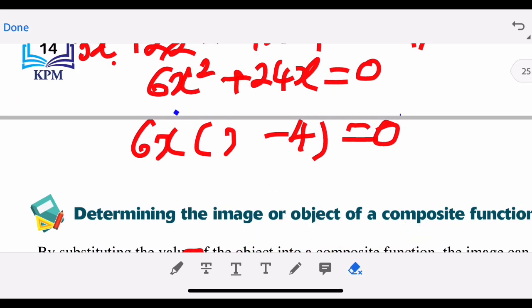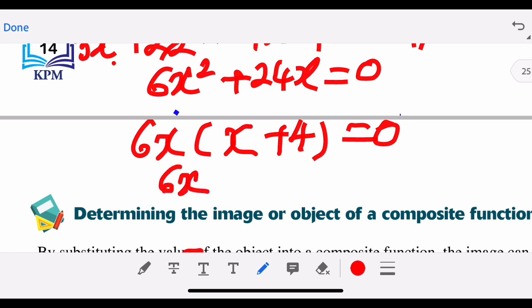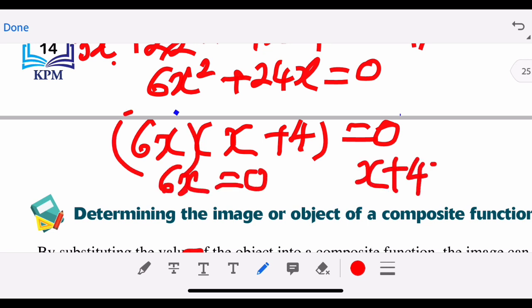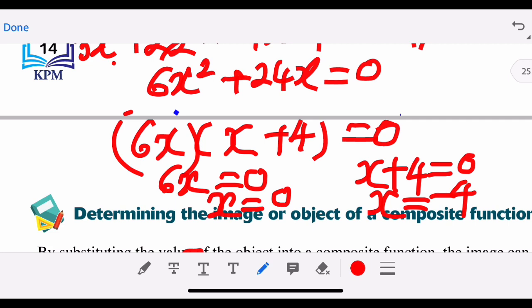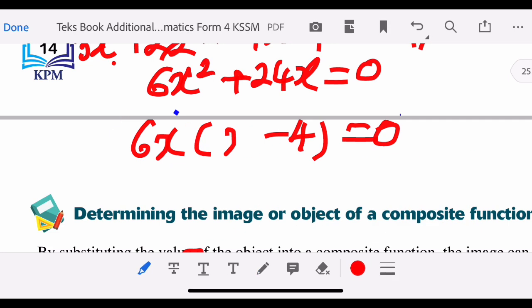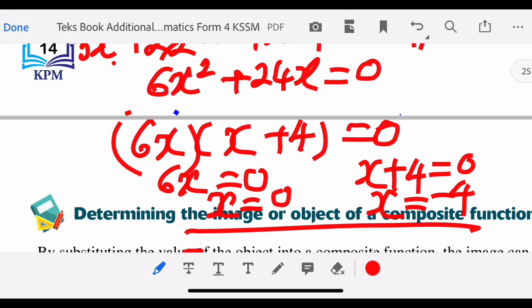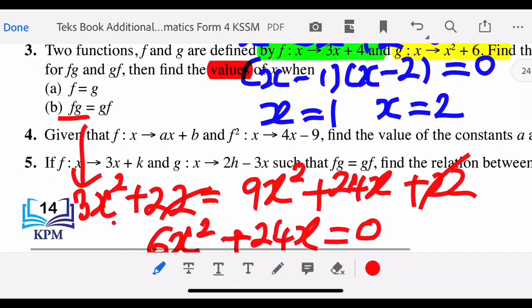So this is x plus 4. So 6x is a factor, let the factor equal to 0, x plus 4 equal to 0, hence x equals 0, x equals negative 4. So these are the two values of x. Okay, so we have completed question number 3.